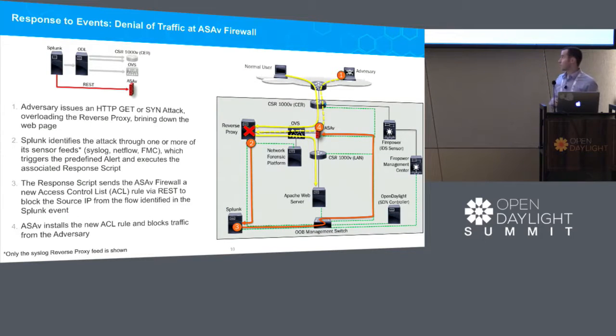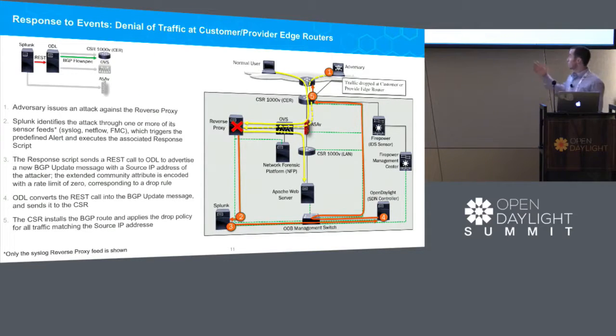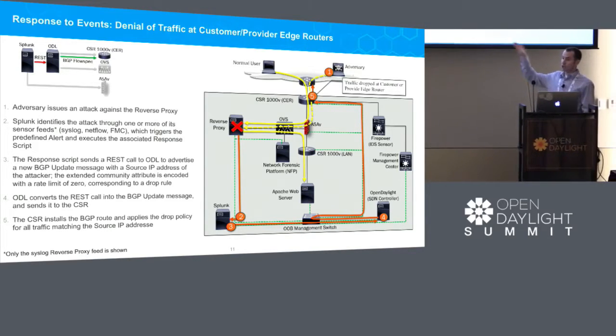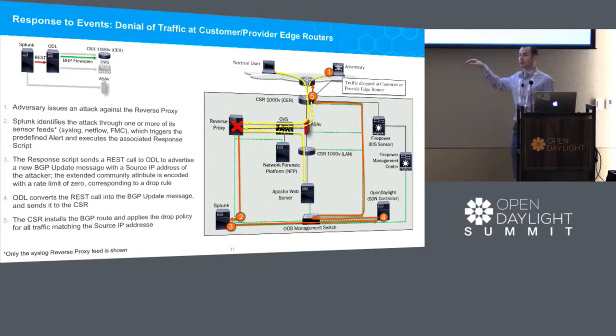The other type of event that we're taking is a direct REST API call from Splunk to the ASA. Again, this is an ACL to drop traffic at our edge firewall. The third type of response that we're doing is a REST API call from Splunk to OpenDaylight to create a BGP update, which is using FlowSpec to inject a new prefix into our edge router.